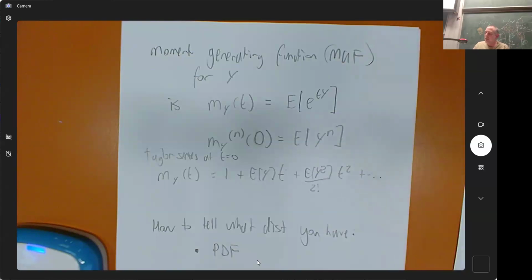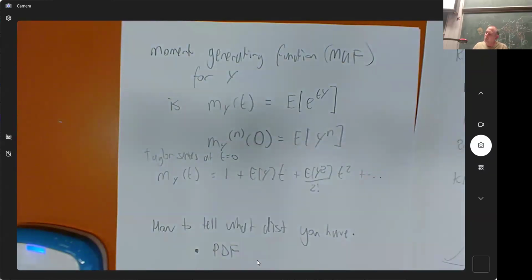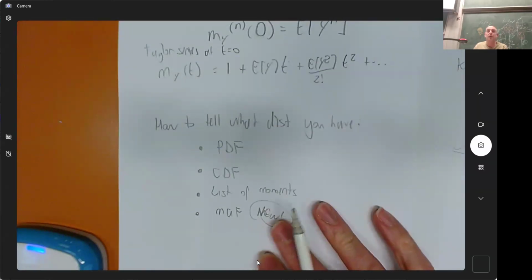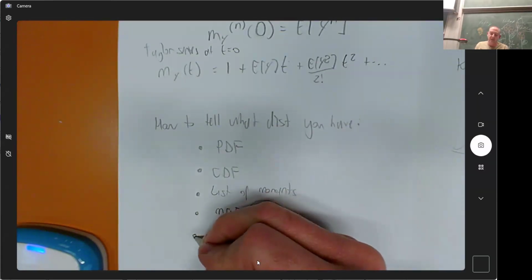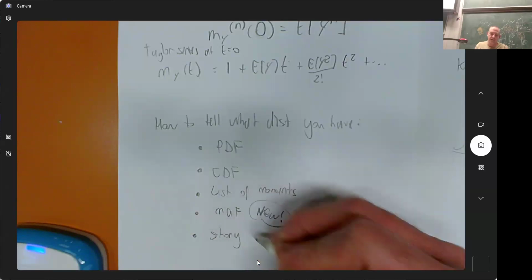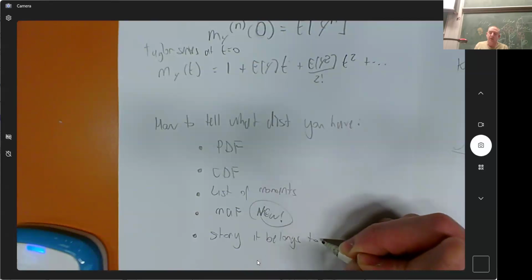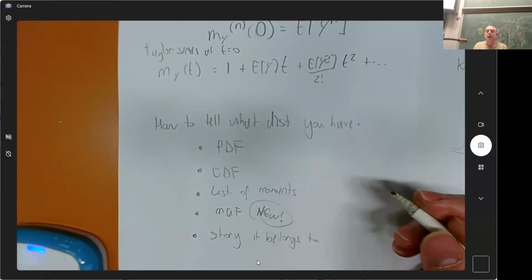There is one other way to tell which distribution you have, which is to know what story it belongs with. I just want to add this. It's slightly dodgy. For example, if they said, we watched the sky for 3 hours and counted how many lightning strikes there were, and you go, oh, that story totally goes with the Poisson distribution.